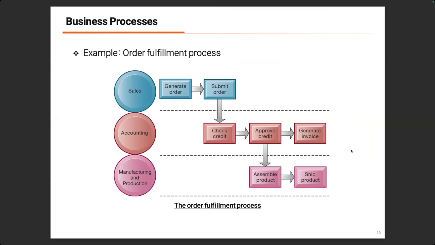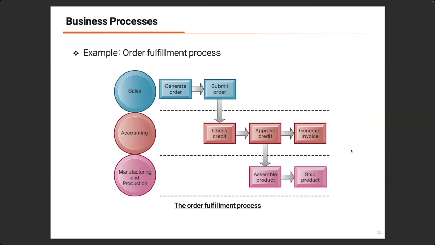can pay for the order, and the accounting department checks the credit of the customer and approves the credit. And the manufacturing and production department pulls the product from inventory or produces the item, and the products need to be shipped to the customers.